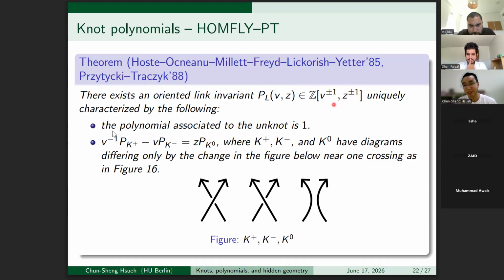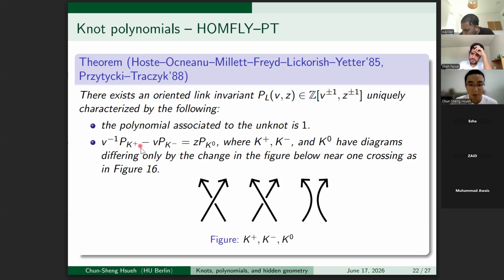It's characterized by two properties. The first one is something you want to ask for: for the unknot, it should be the trivial polynomial. So it's just one. And the second involves a little bit of explanation.